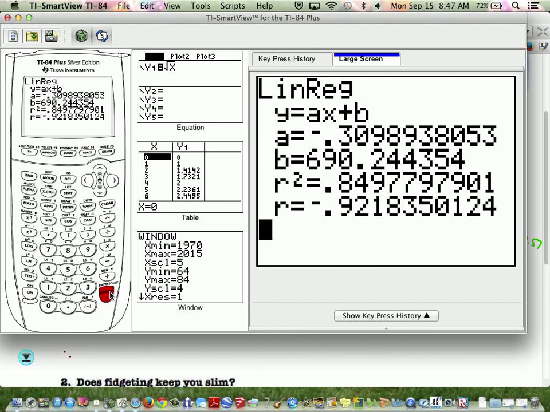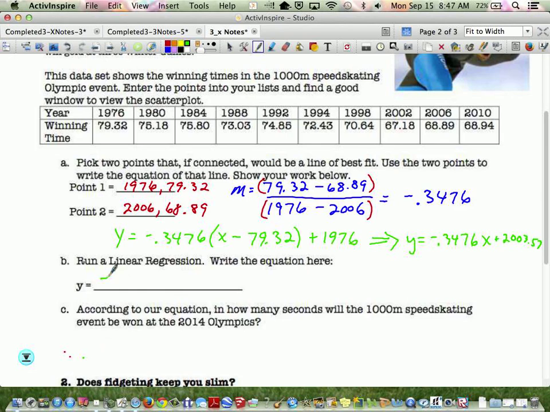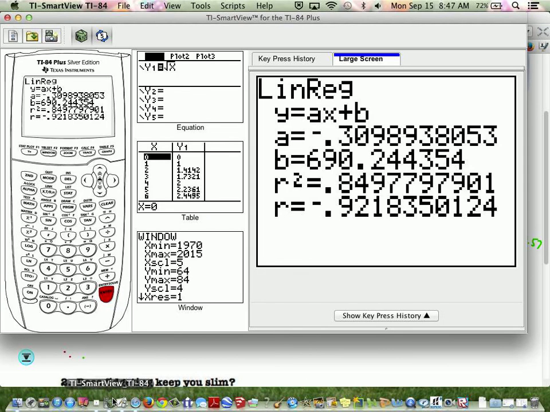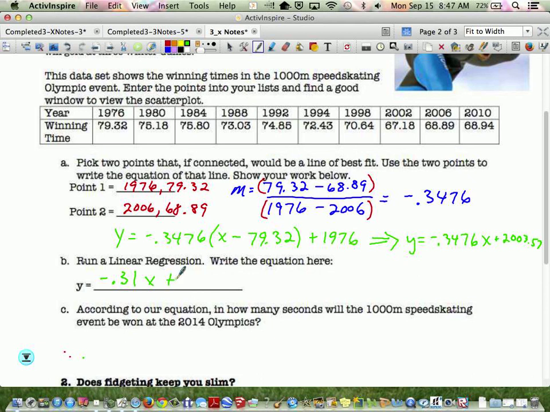Negative 0.31 x with a 690. So the intercepts are definitely way off, so I'm not sure what can happen.